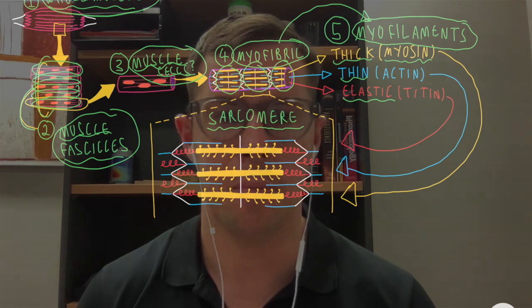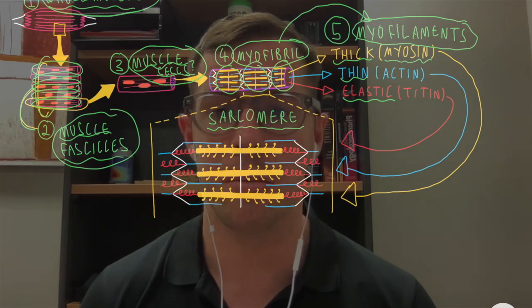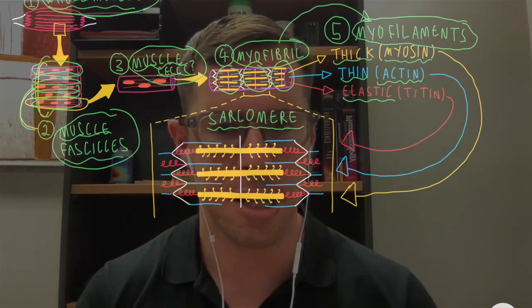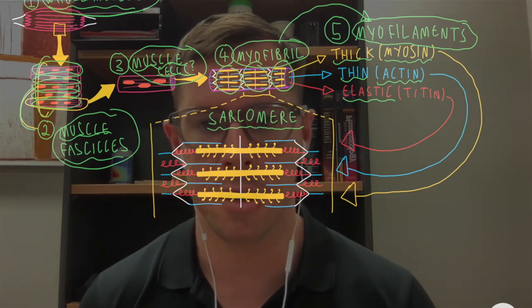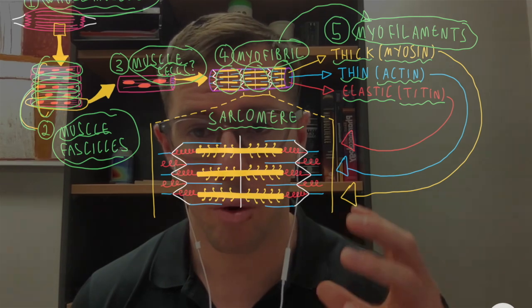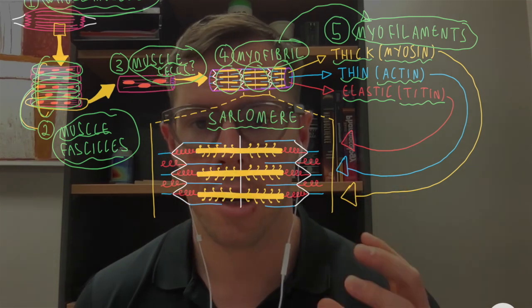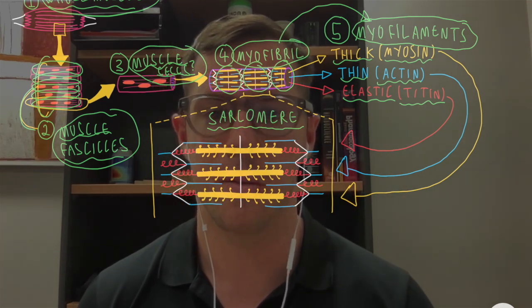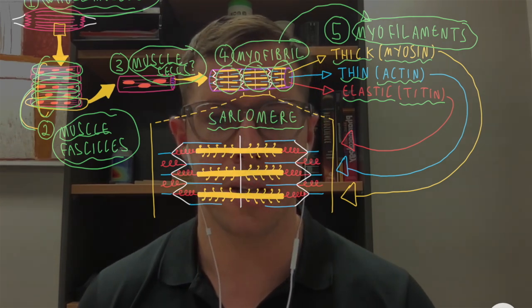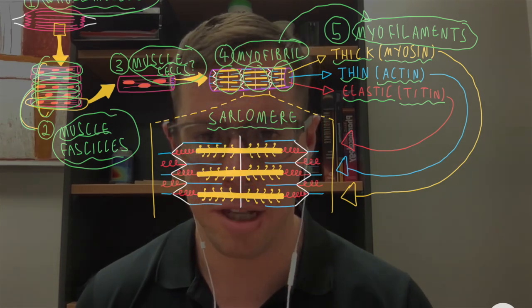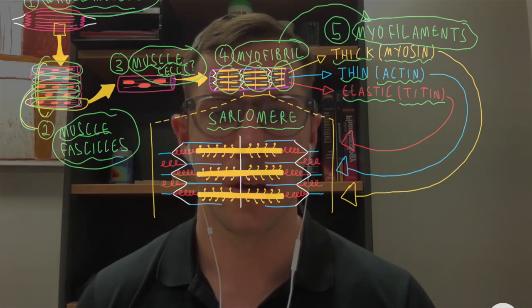Thin filaments are primarily comprised of actin proteins, and the elastic components are made up of a protein called titin. Now I've drawn myosin, actin, and titin here, and how they look in the sarcomere. Myosin is in yellow, actin is in blue, and titin is drawn in red.